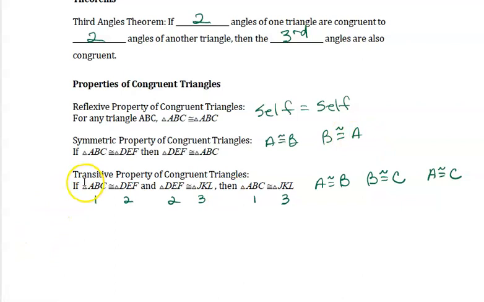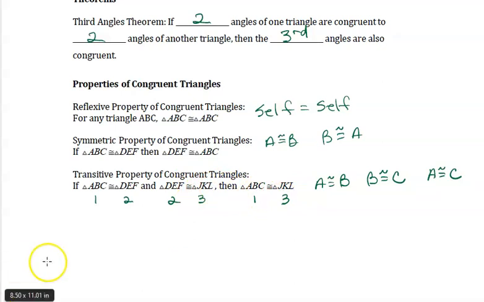The transitive property relates three things. So if triangle ABC is congruent to triangle DEF, okay, and then this same DEF is congruent to JKL, then what you can say is that ABC is going to be also congruent to JKL.